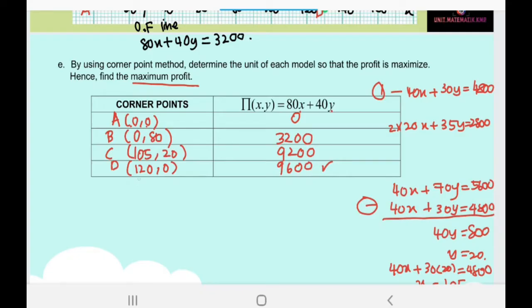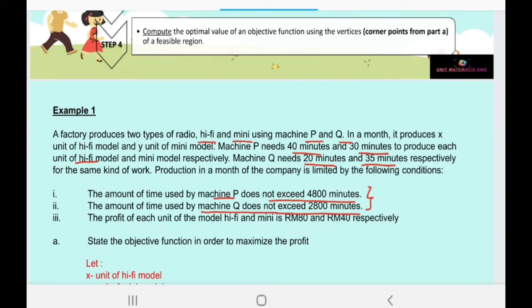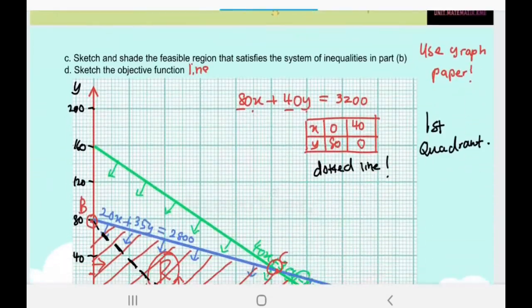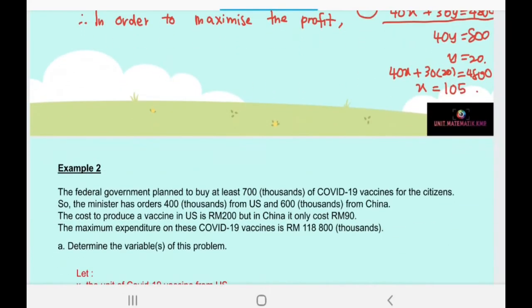So last, for the conclusion, you need to do the conclusion. In order to maximize the profit, in this question it states that a factory produces two types of radio, hi-fi and mini model. X is hi-fi model and Y is mini model.